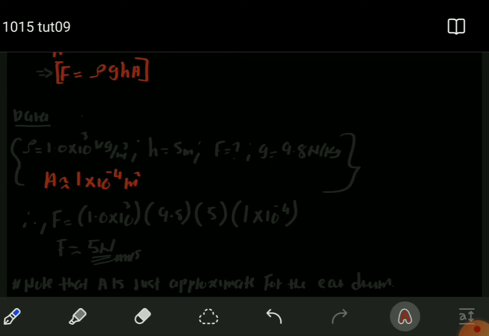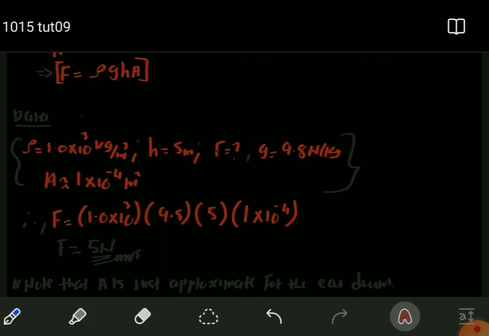If we estimate the area to be this, and we also know that the density of water is 1.0 times 10 to the 3 kilograms per cubic meter, the depth is given, and we know the value of g, then we can go ahead and find the value of F. So F equals rho, the density of water, multiplied by g, multiplied by the depth, which is 5 meters, multiplied by the estimated surface area of the eardrum.